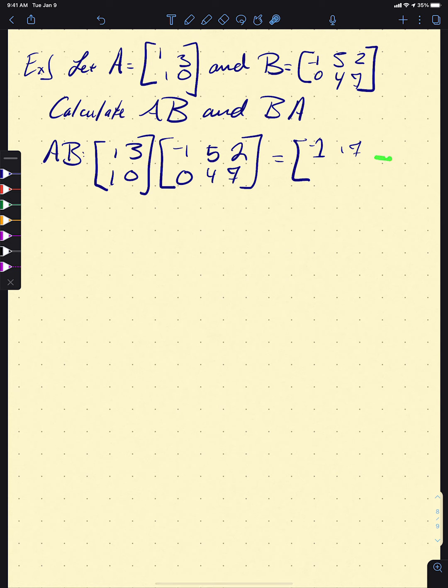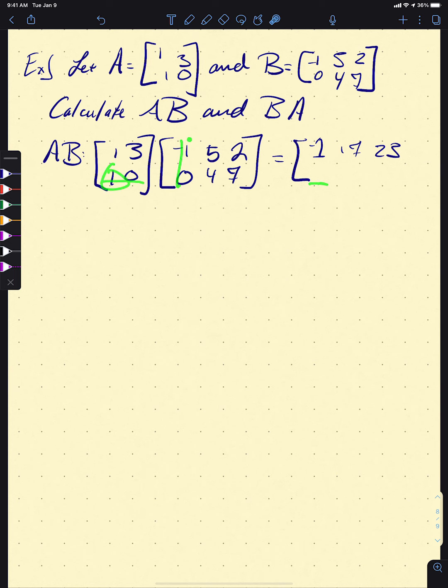Finally, for this element here, we're in the first row and the third column. So we're going to take the inner product of the first row with the third column. We're going to have 1 times 2 is 2, 3 times 7 is 21, and so 2 plus 21 is 23. Moving down to the second row, this element is going to be the second row and the first column.